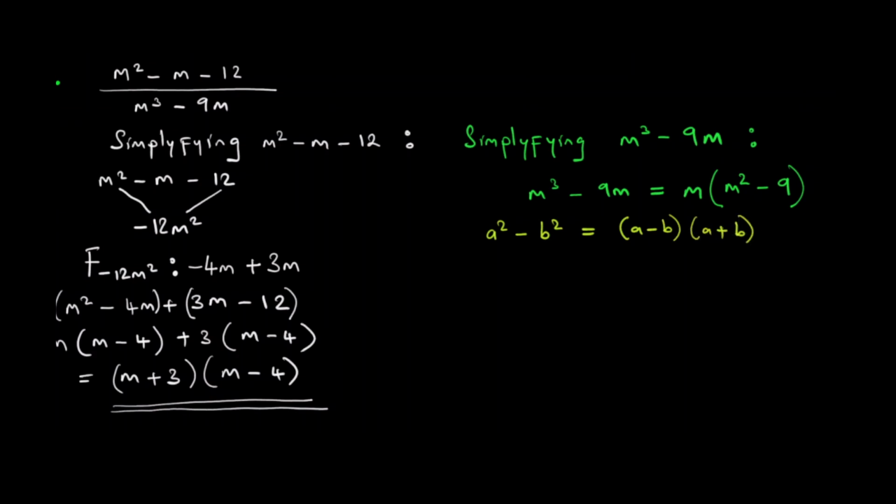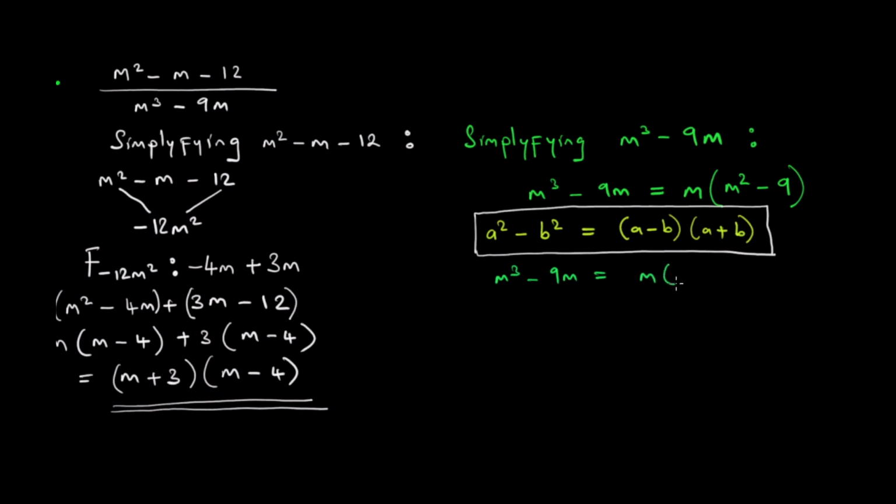So this is quite important and you are going to see kuti zvinoshanda papi. Kana tatarisa m cubed minus 9m yatakafactor out m, tasara tina m squared minus 9.